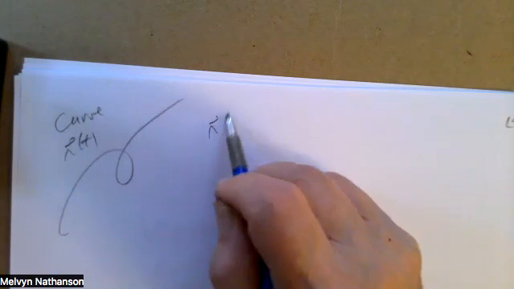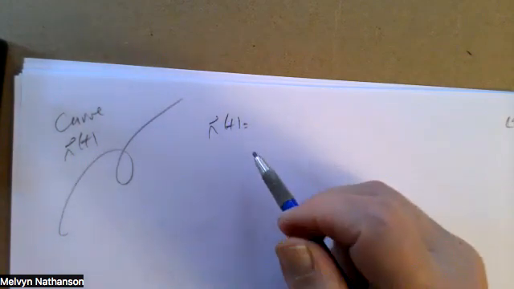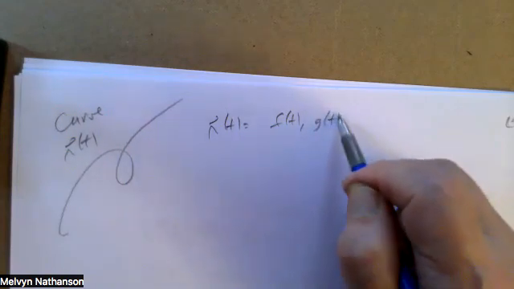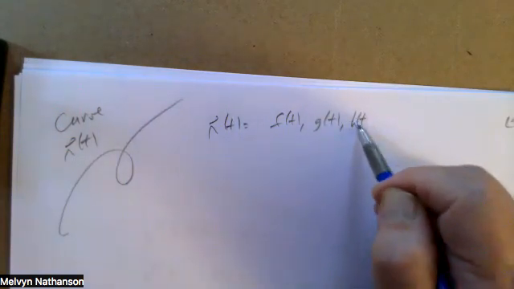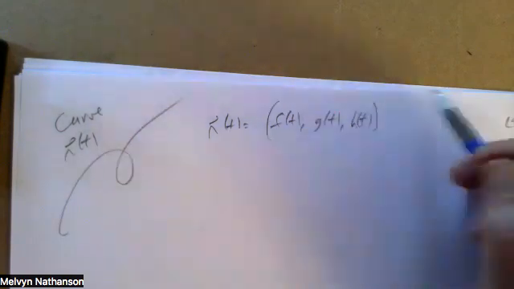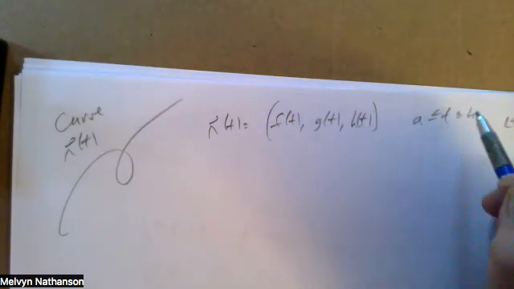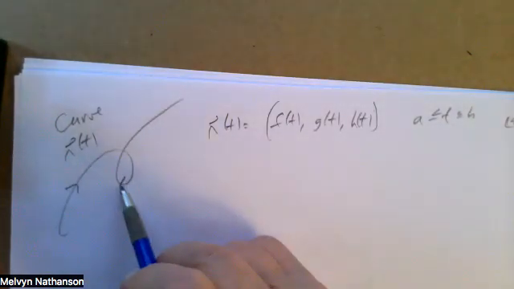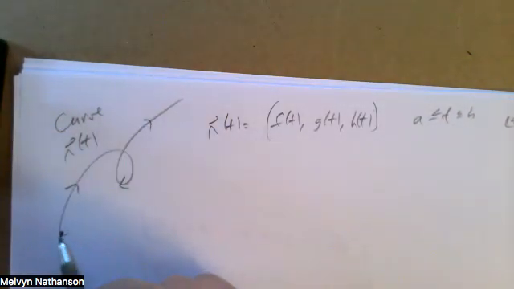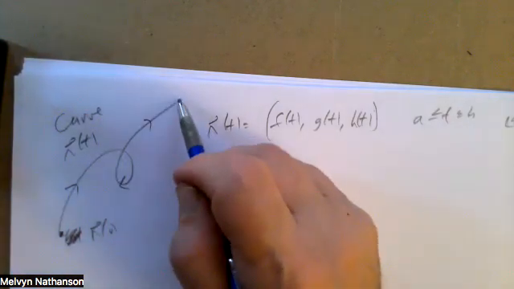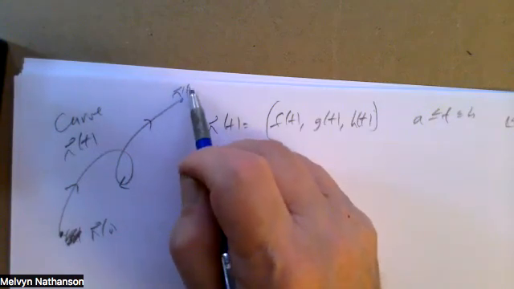So suppose r of t, the position at time t, has coordinate functions f of t, g of t, h of t. And we're interested in this curve as t goes from a to b. So this is r at time a, and you end up at r at time b.